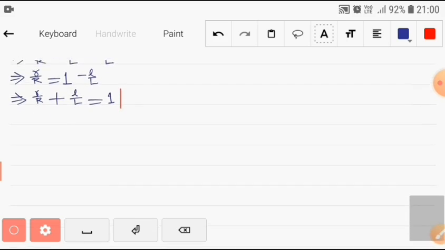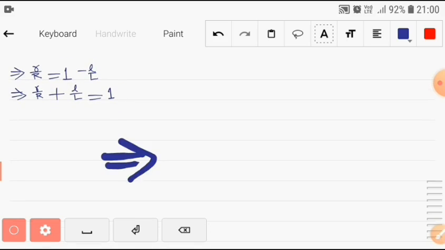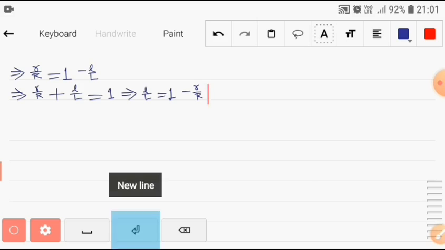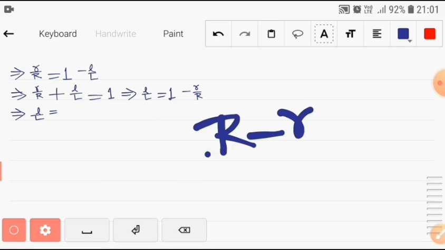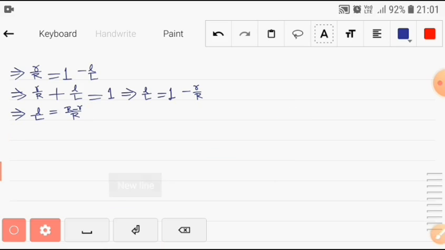Next, this means l by L is equal to 1 minus r by capital R. By now taking the LCM, we get l by L equal to R minus r by R. Next line, now by cross multiplying, we get l multiplied by R minus r is equal to LR.